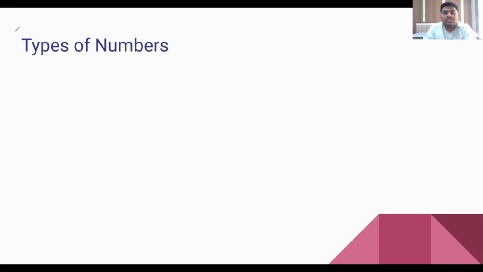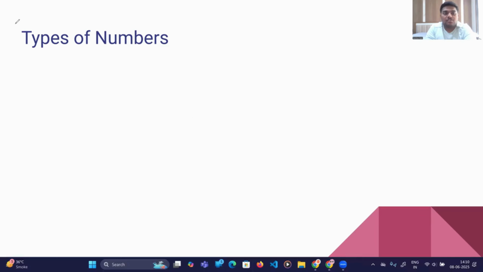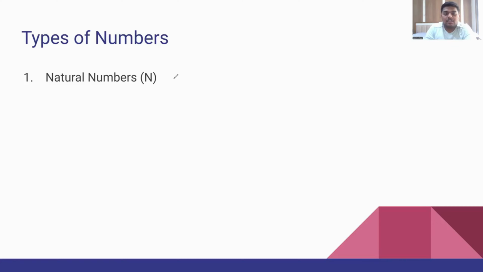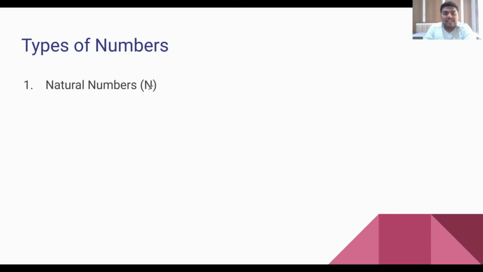So the first type of numbers are the natural numbers. So natural numbers, as it says, the numbers are natural. For example, there are 365 days in a year, there are 24 hours in a day, and the numbers that we used in our day-to-day life and which can be used for quantifying the things are known as the natural numbers.